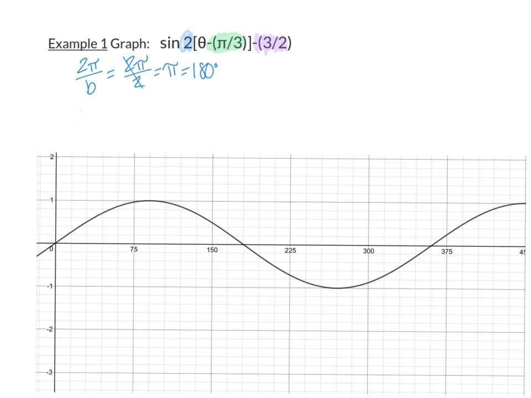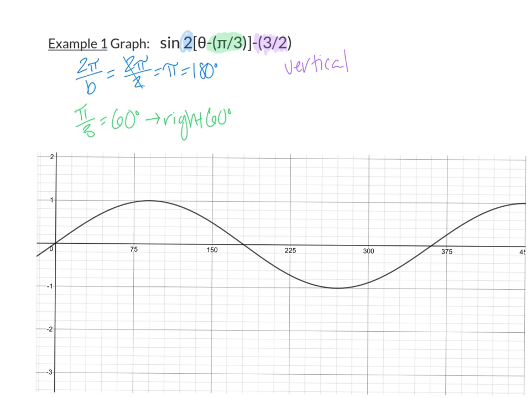Pi over 3 is 60 degrees, and it's a negative 60 degrees. So that means I am going to be going to the right 60 degrees. So everything is going to be shifted to the right 60 degrees, which is going to be 4 increments on my graph because we're counting by 15s. The last thing is going to be my vertical shift, and that is with this -3/2.